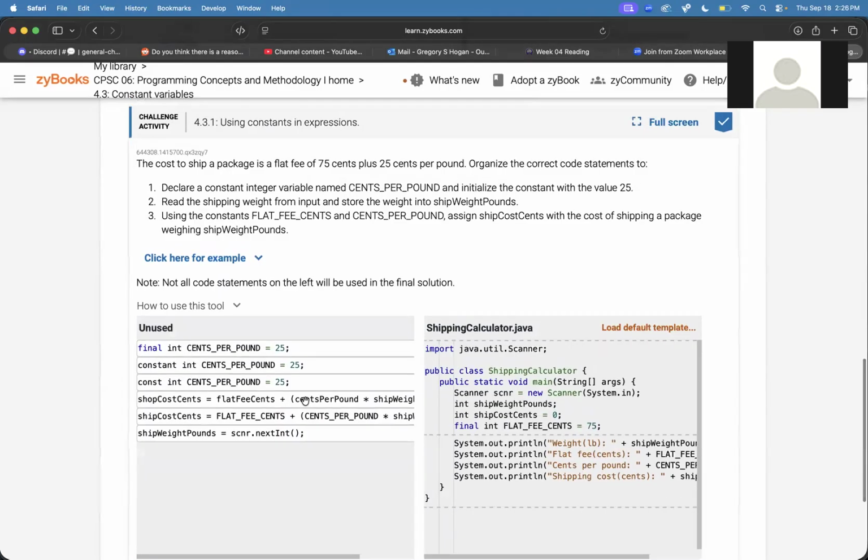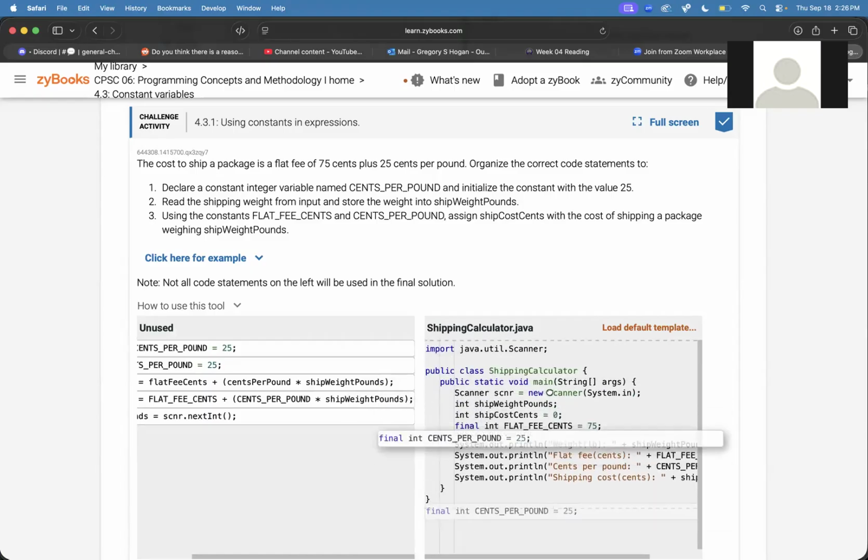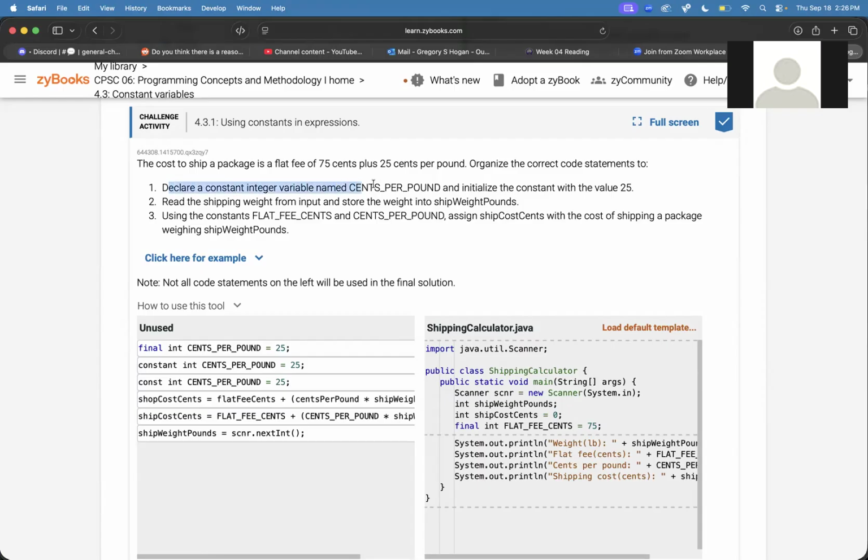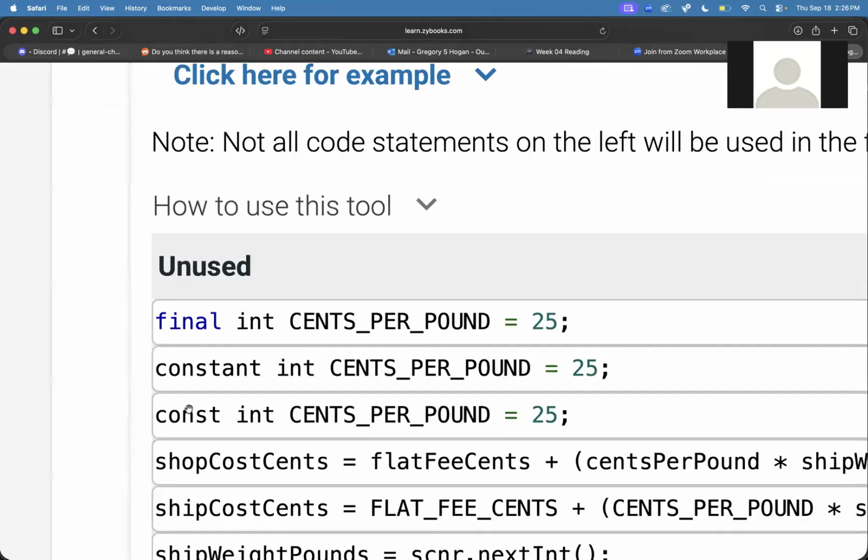On this one, 4.3.1, you need to drag some statements from the left over to the right, and you can put them in a couple different places. Now, we have to read. The first thing says declare a constant variable cents per pound. There are actually 3 choices that declare cents per pound, but only one of them is the correct way to make a constant in Java.